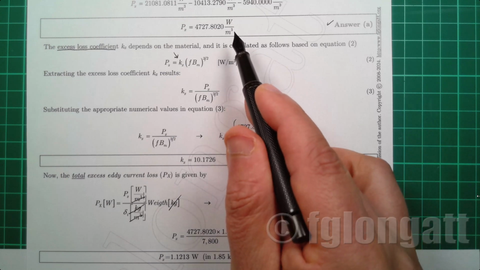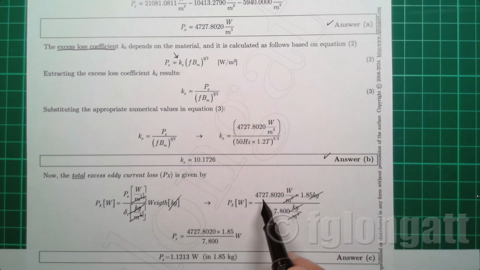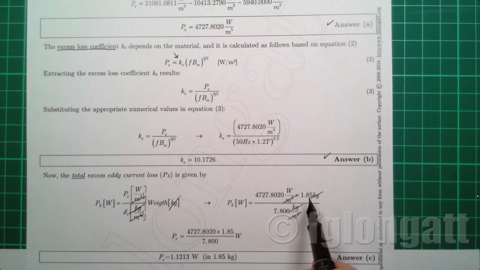Now the numerical substitution is very simple. We know Px, 4,727 watts per cubic meter. The weight is given, 1.85, and we divide by 7,800 kilograms per cubic meter. We put those numbers in the calculator, and this is a capital X here, in order to obtain the total watts.